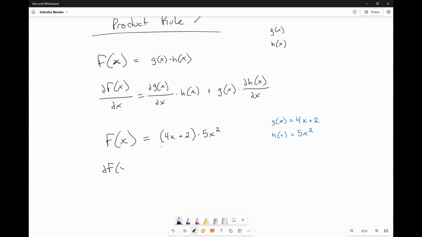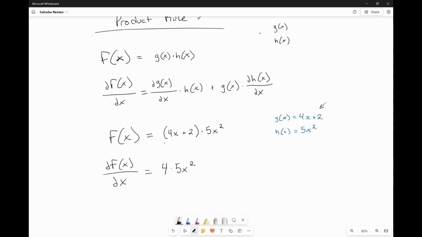The derivative of f of x with respect to x is equal to the derivative of g times h. So let's come over here. What is the derivative of g? When we look at that, we can see the derivative of g of x is actually just equal to 4. And then we're going to multiply that by h of x, so 4 times 5x squared, plus g of x.